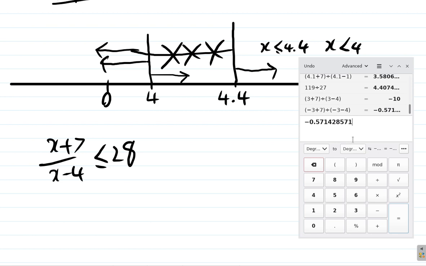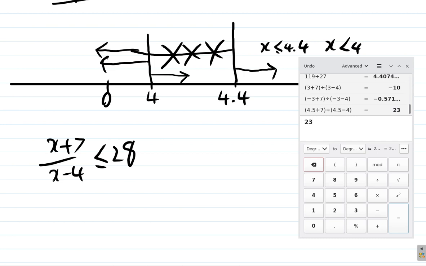Now, we tried a number less than 4. Let's try a number greater than 4.4. Let's try 4.5. So what we have is 4.5 plus 7 divided by 4.5 minus 4. Alright, 3 is indeed less than 28.